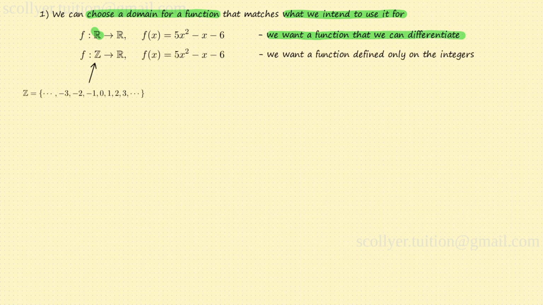On the other hand, we may want a function defined only on the integers, perhaps because we're interested in what are called sequences, and so we would choose the domain to be the set Z, the set containing the negative, positive, and 0 integers. But in both cases, we have the same formula.